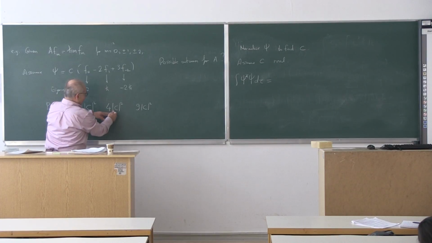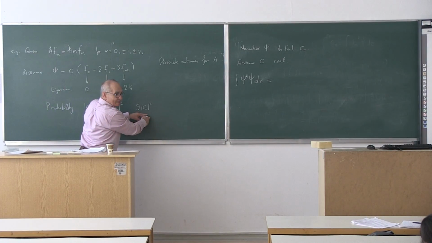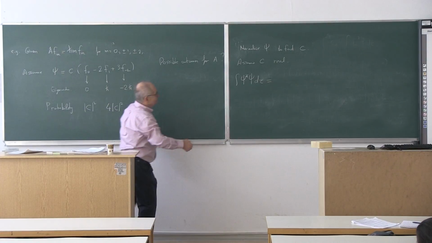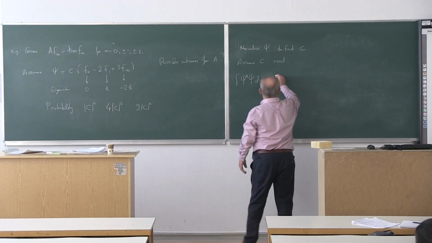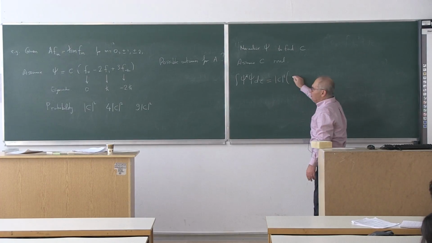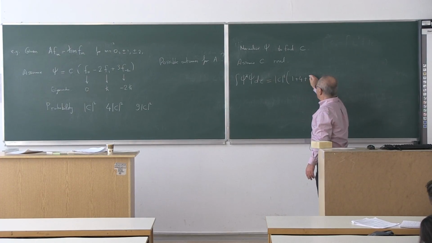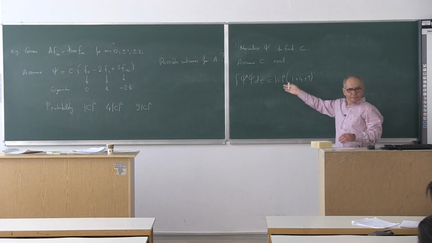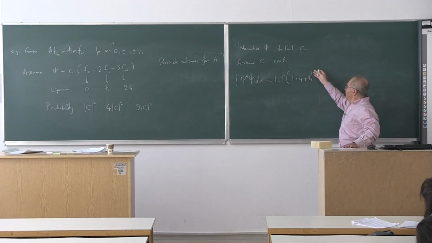C squared plus 4C squared plus 9C squared, that is C squared times (1 plus 4 plus 9). And this must be equal to 1.